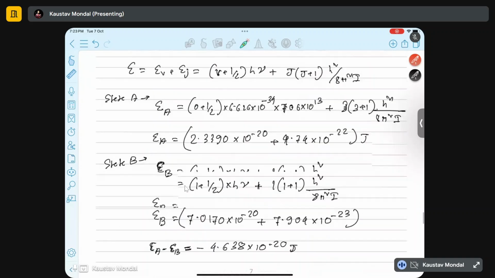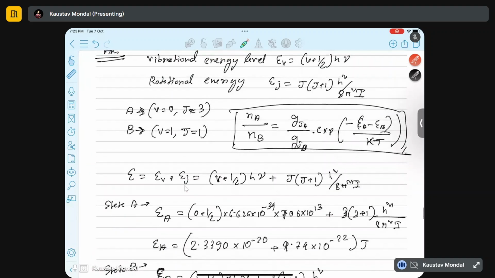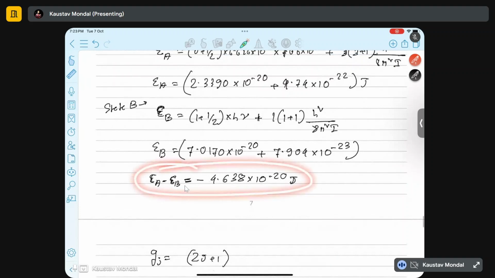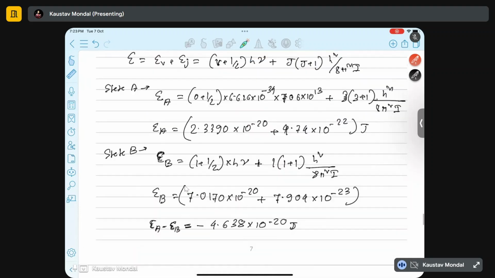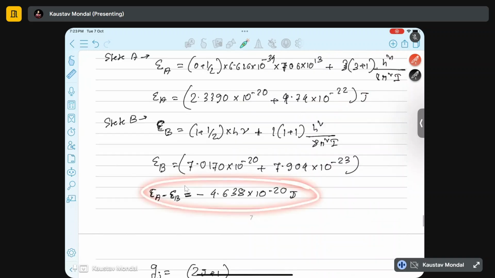Similarly, for state B, we have calculated the energy. Next, we have to calculate the difference between state A and state B, so Ea minus Eb we have calculated. Then we substituted Ea minus Eb into this expression.